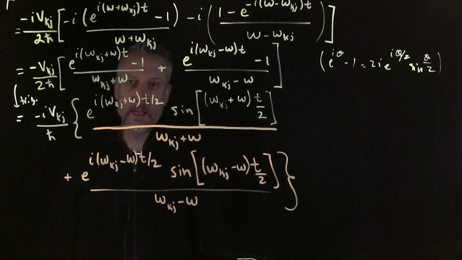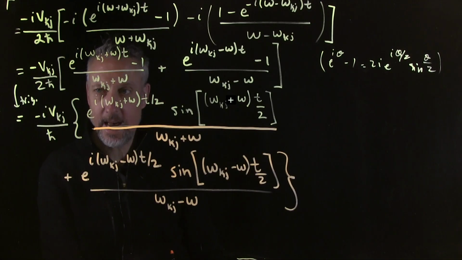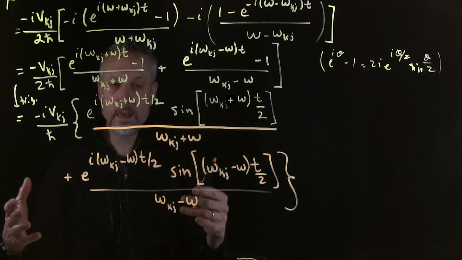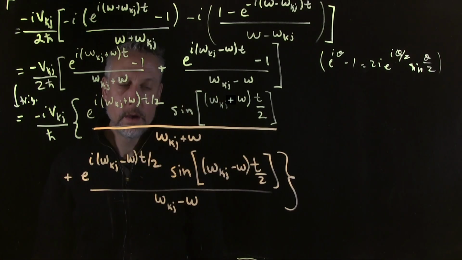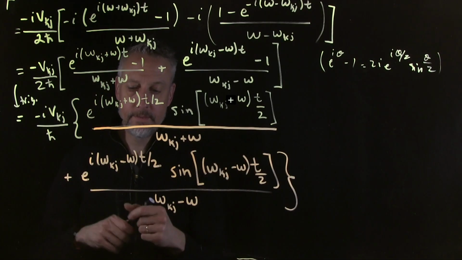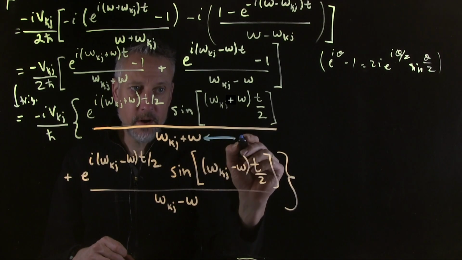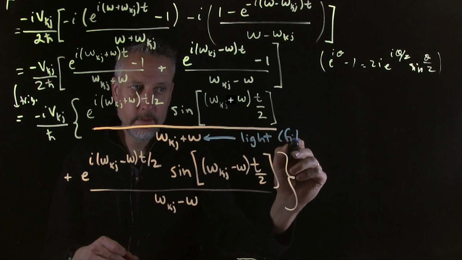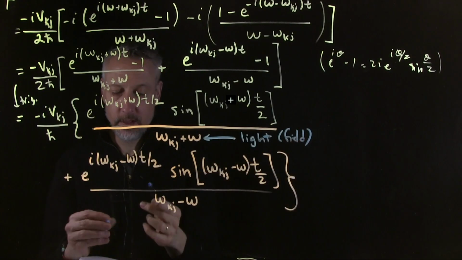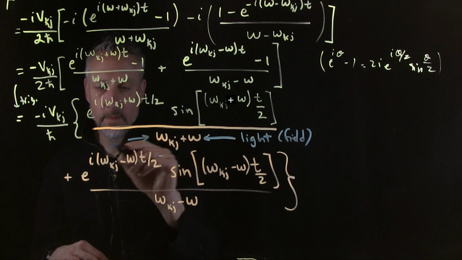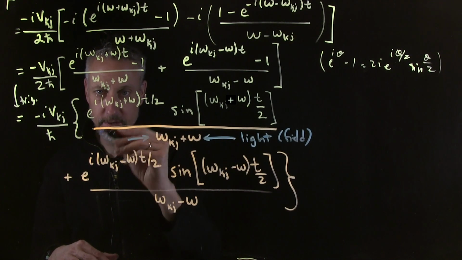All right, so we look at these formulas. Now, of course, to get the actual transition probability, we need to take this whole thing and do the modulus squared. Remember what the omega is. The omega is coming from our light, or our field, probably light or spectroscopy. And the omega_kj is coming from the molecule or the material.